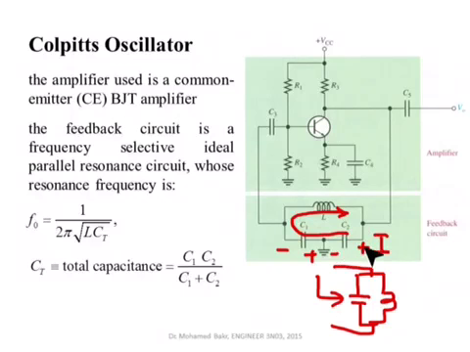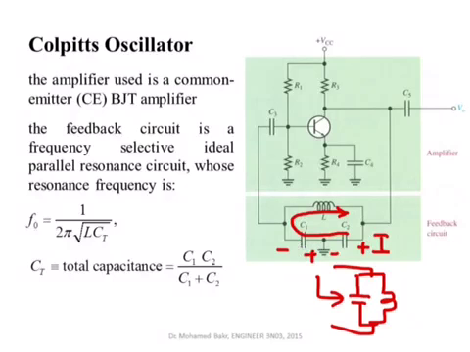This voltage drop must be equal to V out. So this current I will be adjusted such that I multiplied by the equivalent impedance of this capacitor, which is 1 over j omega C2, will be equal to the output voltage.